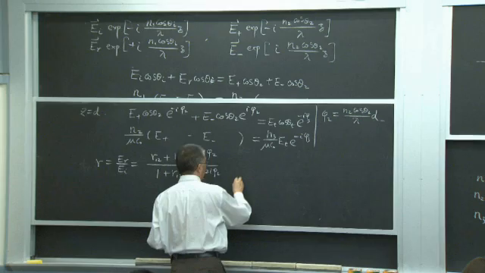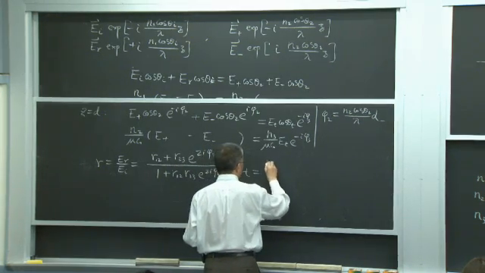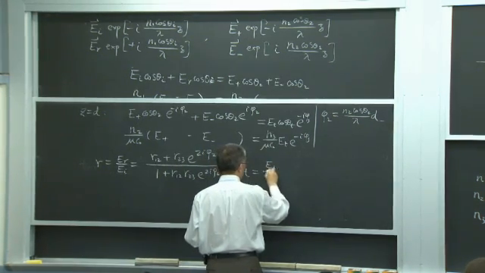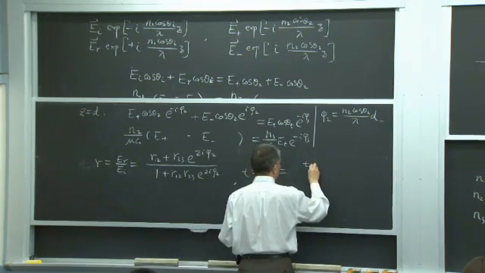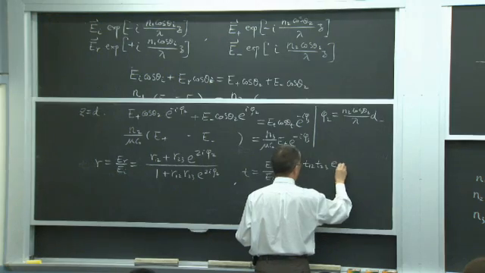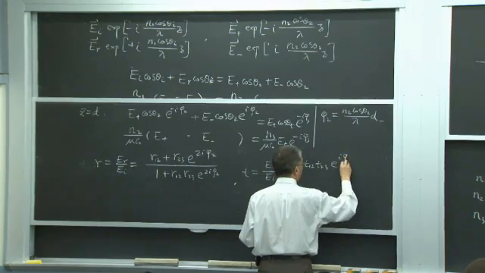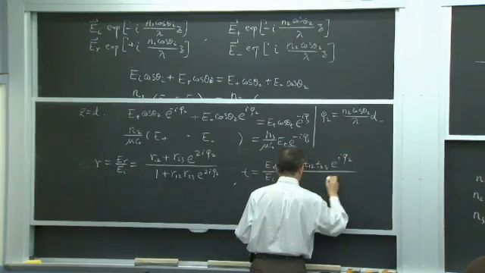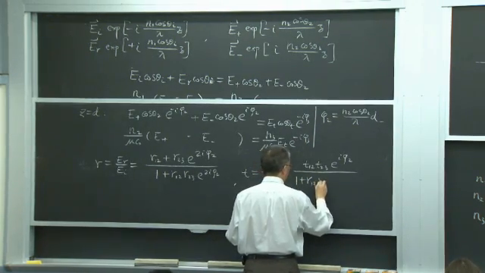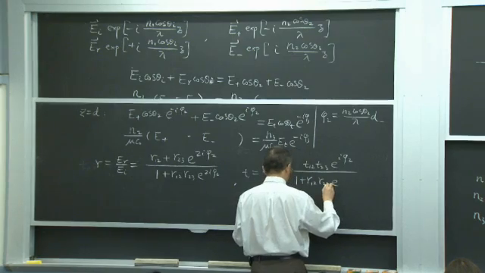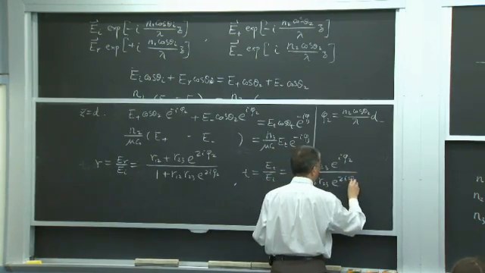And similarly, you can do your transmission coefficient. ET over EI equals T12 T23 exponential i phi 2, divided by 1 plus R12 R23 exponential 2i phi 2.